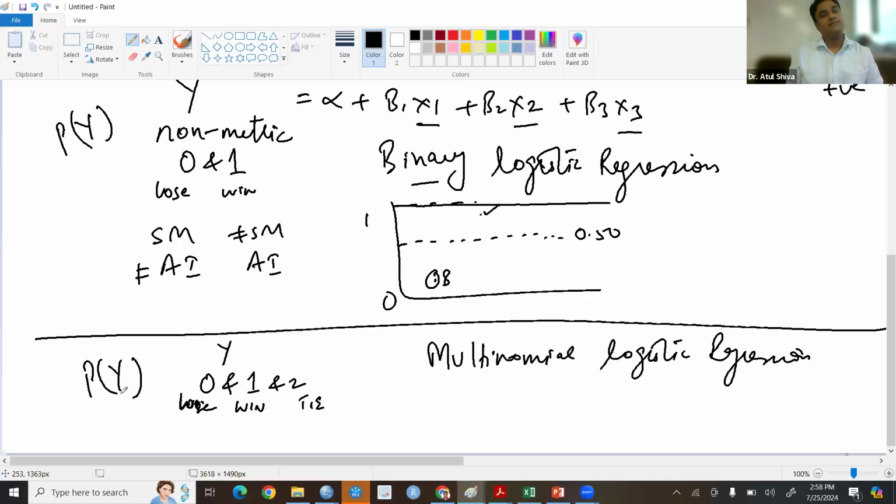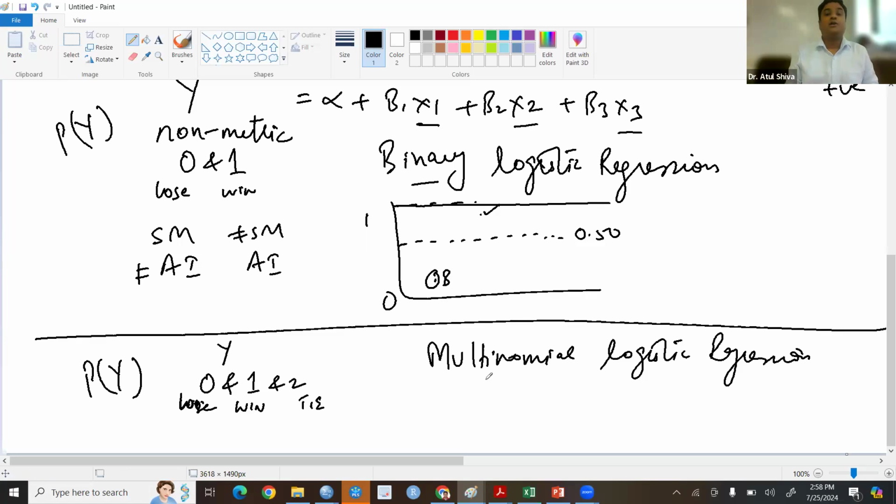DV has more than two categories. So in regression, there are three options in addition to linear regression and multiple regression: binary, multinomial, and ordinal.